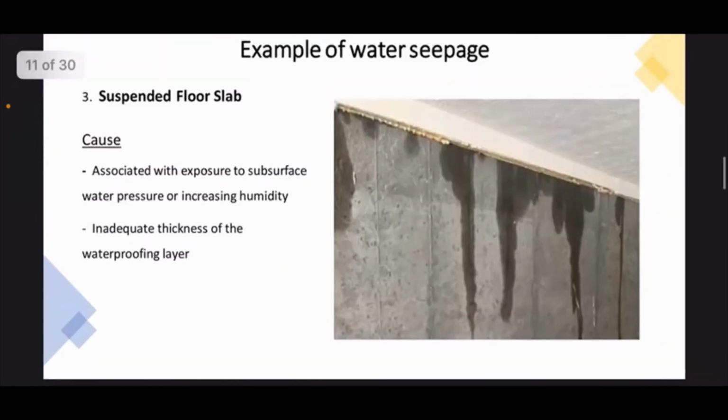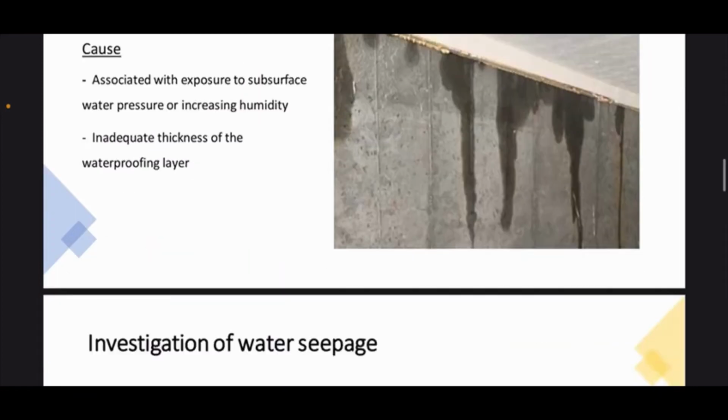The third example of water seepage is the suspended floor slab. As the floor slab is exposed to subsurface water pressure or increasing humidity, it will lead to seepage on the floor. Meanwhile, inadequate thickness of the waterproofing layer is also a reason for water seepage.